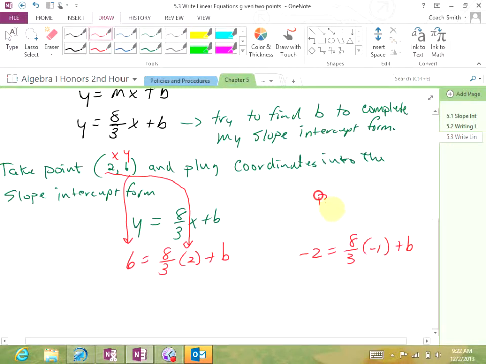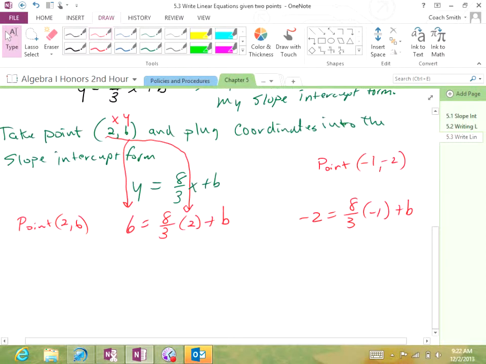Okay, this was point -1, -2, and this is point 2, 6. Okay, either one, you'll come up with the same answer. Okay, we're solving for b.